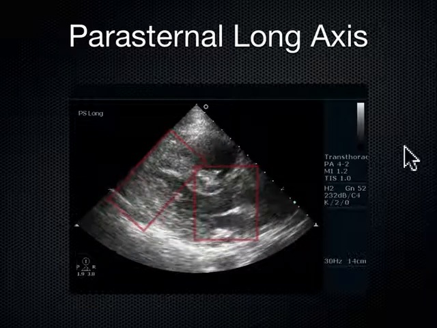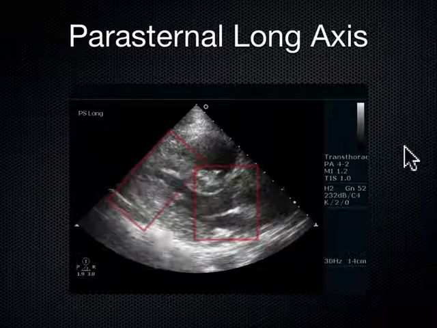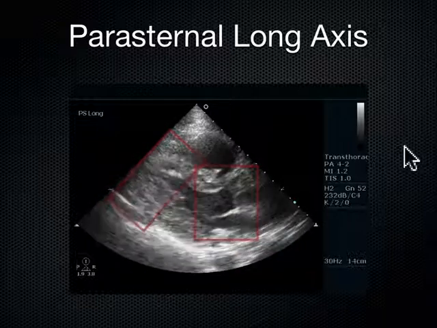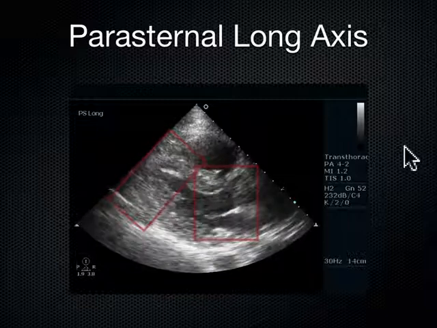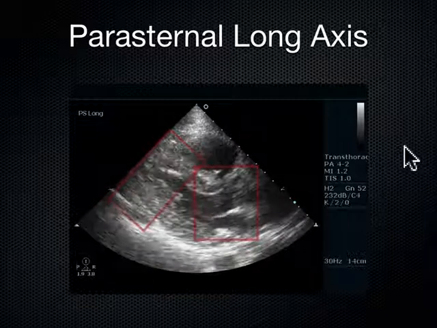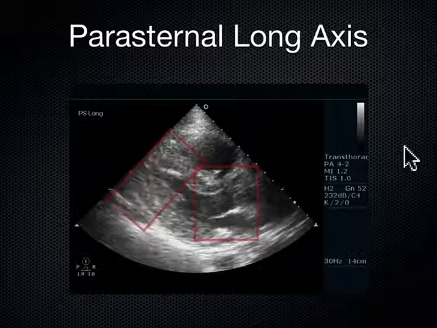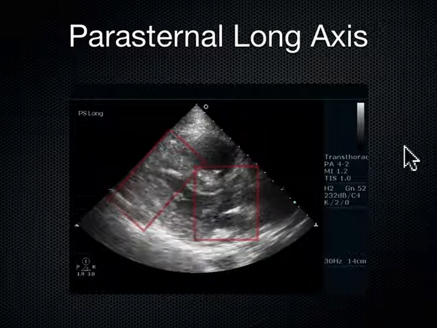Well, if I can see the mitral valve on the screen, I'm pretty much at the midpoint of this person's heart. I'm not off to one side or the other. I'm straight dead down the exact long axis of this heart.